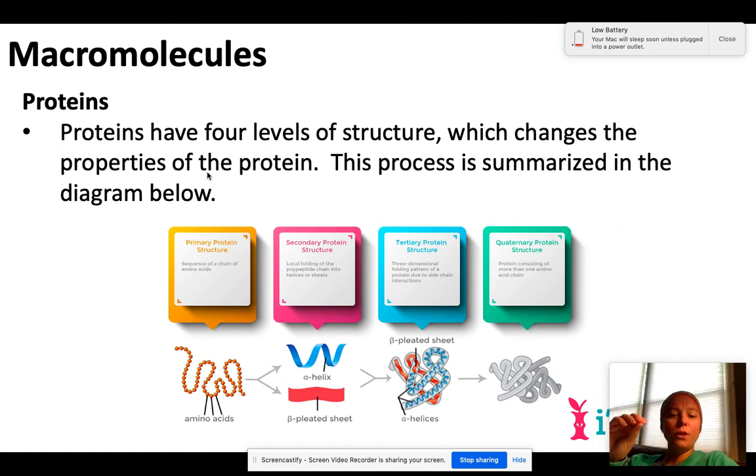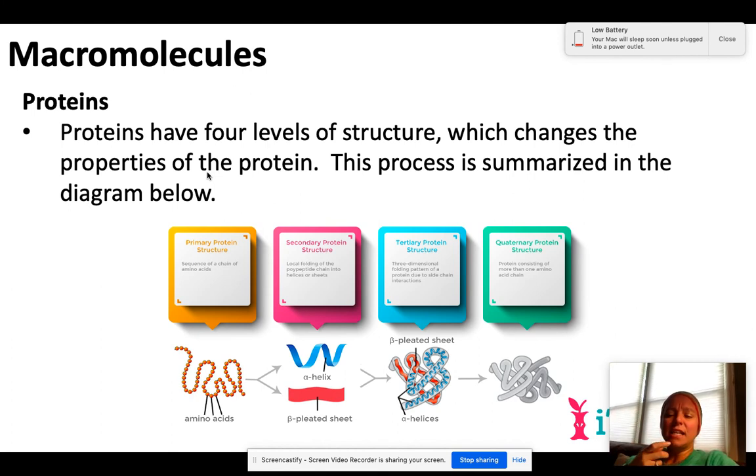They're actually going to form either a sheet, an alpha helix, or a beta sheet. Basically one's just a straight line and one has kind of curves. And then in the tertiary structure, it'll start to fold and bend. And these folds and bends will create a really complex interlapping structure.